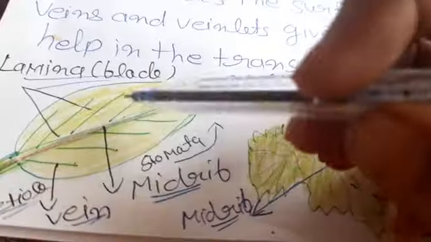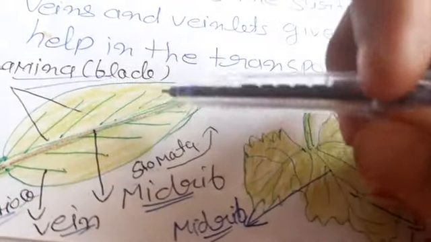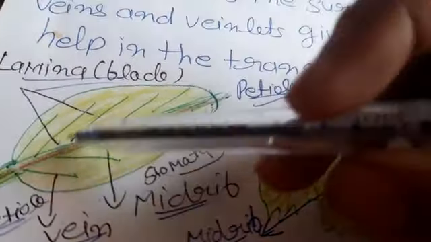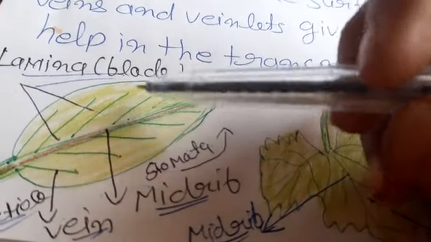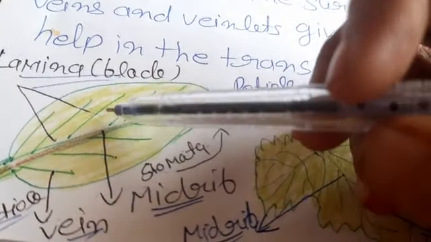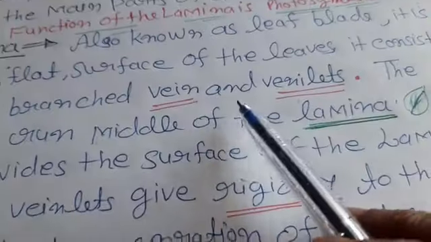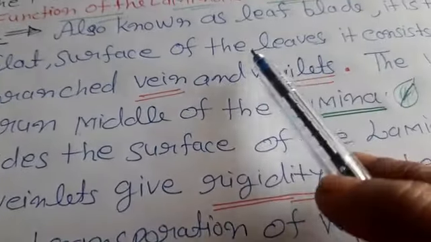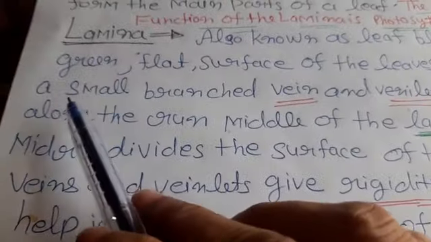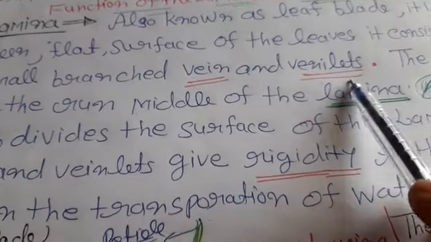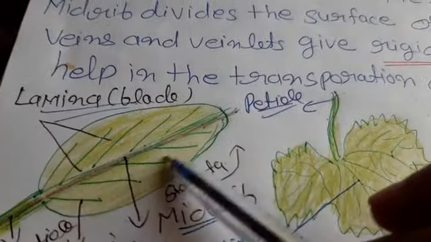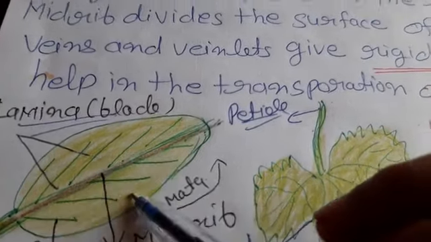A flattened and broad portion having a green color structure is called lamina or blade. Lamina or blade has very small veins and veinlets. It consists of small branches of veins and veinlets.